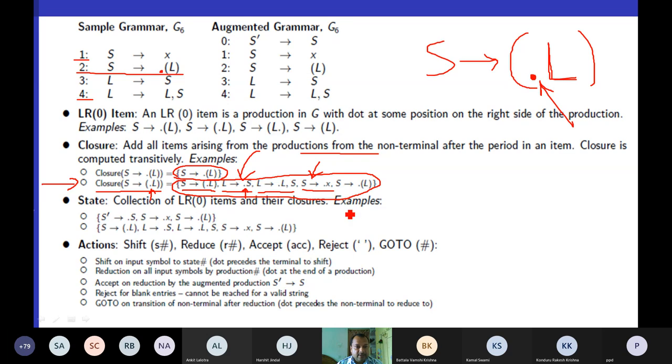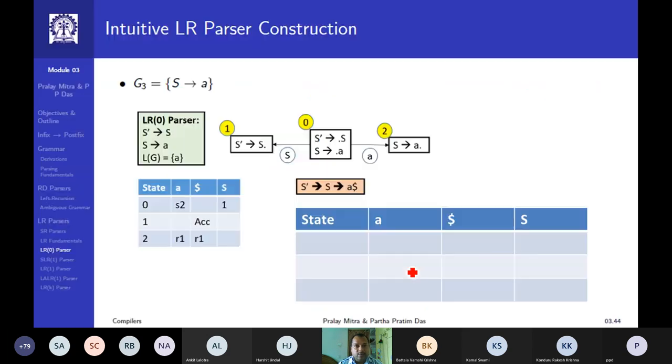Now the operations, there are 4 operations. We have seen them last week also: shift, reduce, accept, reject. And for non-terminals, one specific operation is there, that is go to. So this is written here, you can go through this, but I would like to go directly to the example.